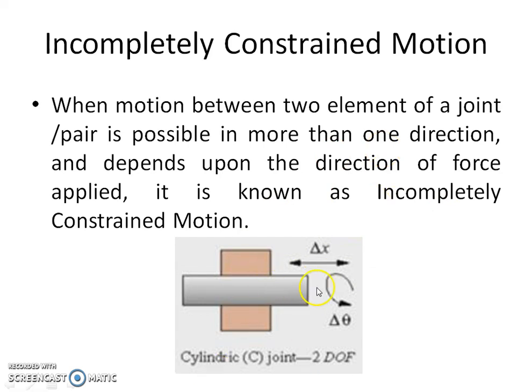Here there are no collars on either side of this cylindrical part, so the part can rotate in the theta direction and also move in the x direction, because there are no restraints as such. So depending upon the force applied in the x direction or torque in the theta direction, there can be motions possible, and the motion depends upon the direction of force. Hence these are called incompletely constrained motion.